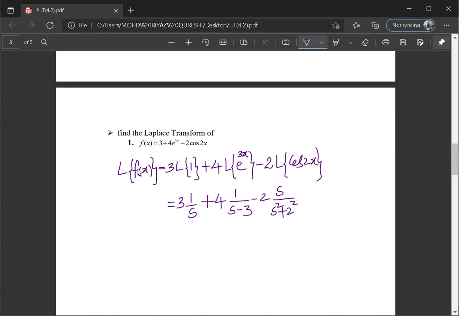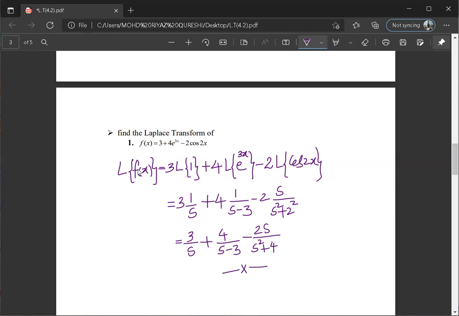One more step is possible here: 3 over s plus 4 over s minus 3 minus 2s over s square plus 4. That's it.